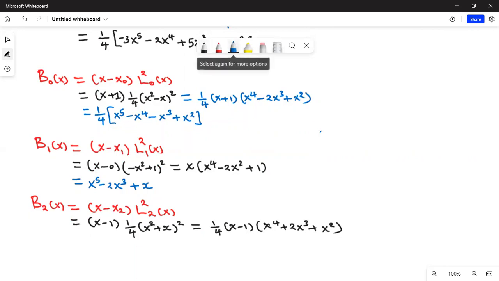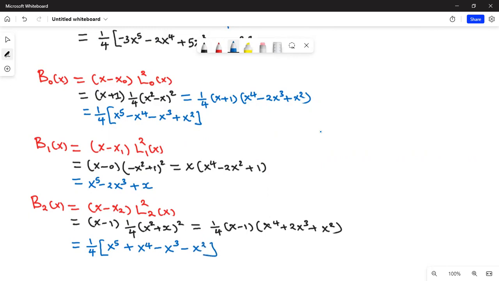And so open the bracket completely to get 1 over 4 outside. Inside we have x raised to 5 plus x raised to 4 minus x cubed minus x squared.